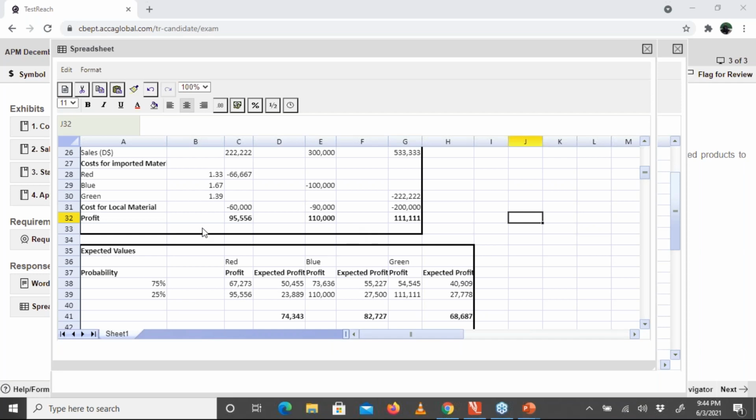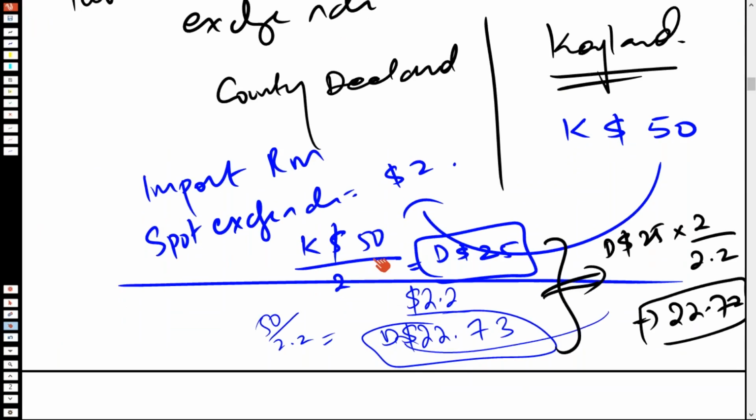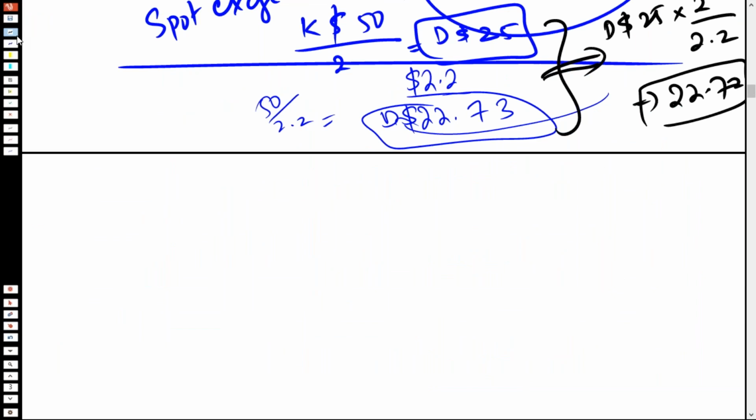Okay, Mr. Sofulu, you see the concept of expected value is what? When you talk about the concept of expected value, how do you calculate it?